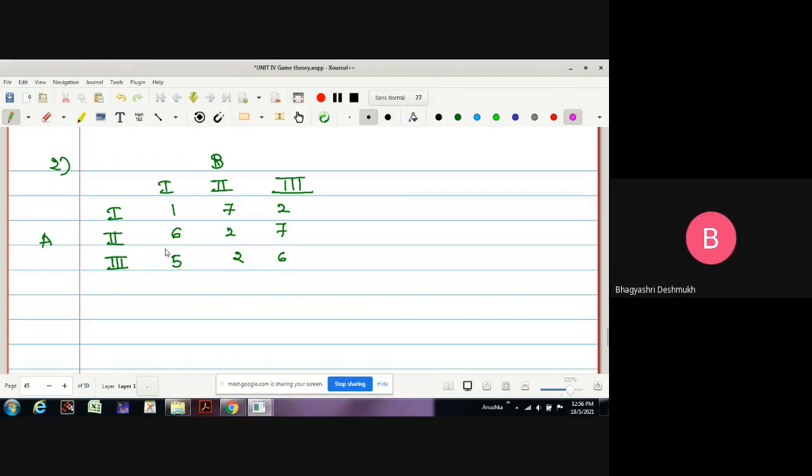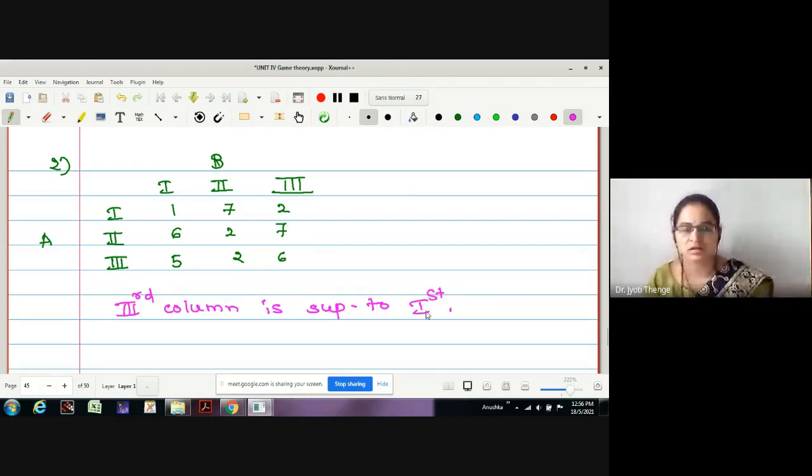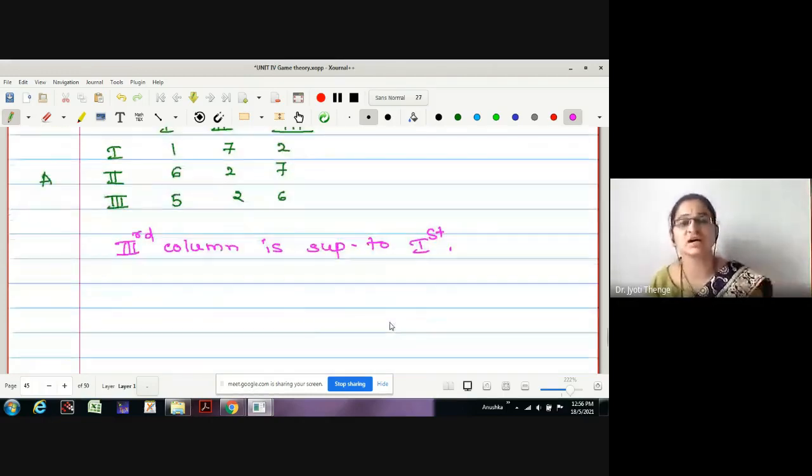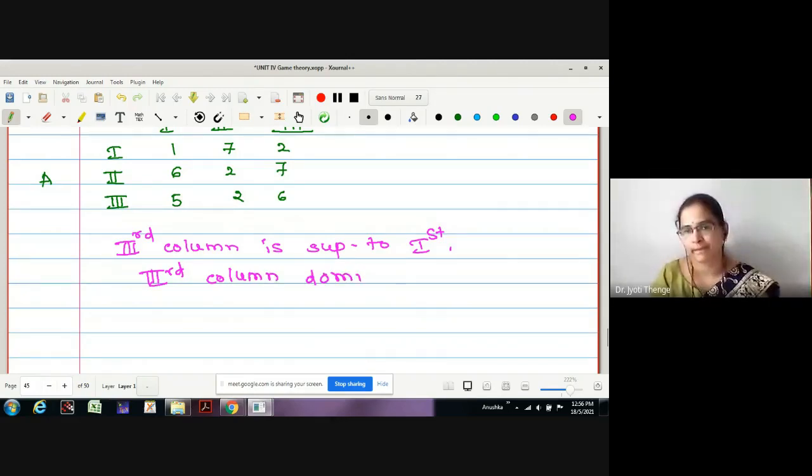Superior to the fourth. That is, the third dominates. Let me write it in other words: the third column dominates the first column.